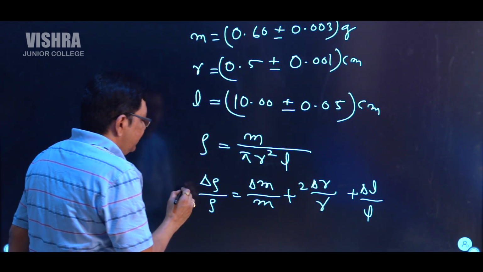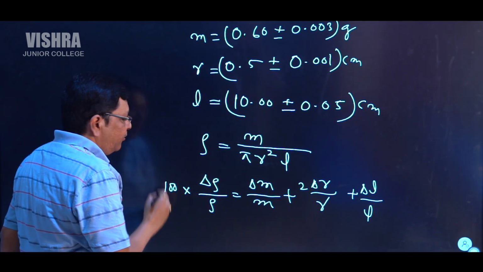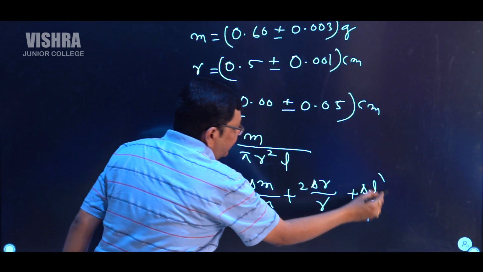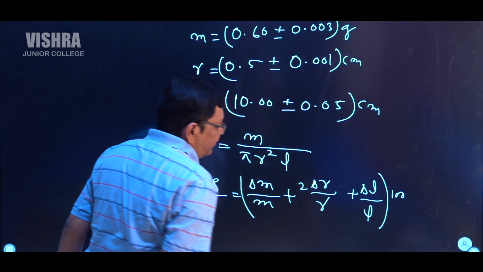And percentage error in density means delta rho by rho multiplied by 100, so we should multiply every term with 100.